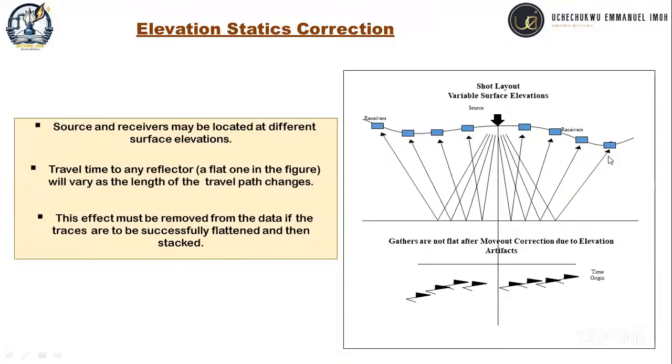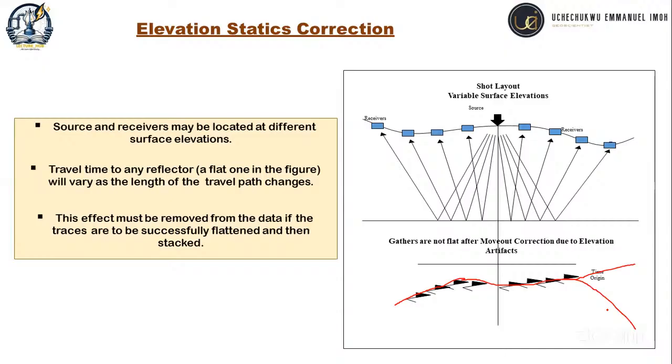I tried to explain that using this diagram as well, showing the receivers at different elevations and a common reflector in the subsurface that is supposedly a flat reflector. Then you have your shot gather following this trend that is non-hyperbolic.